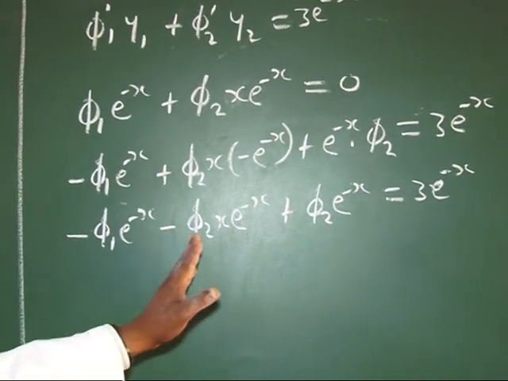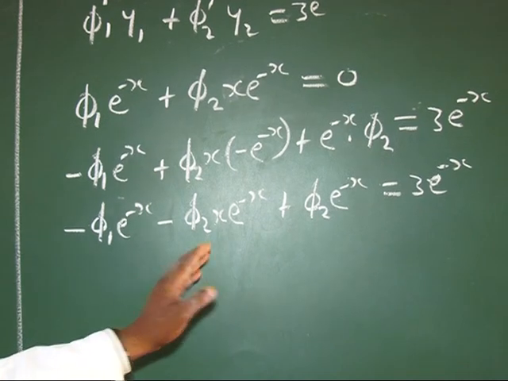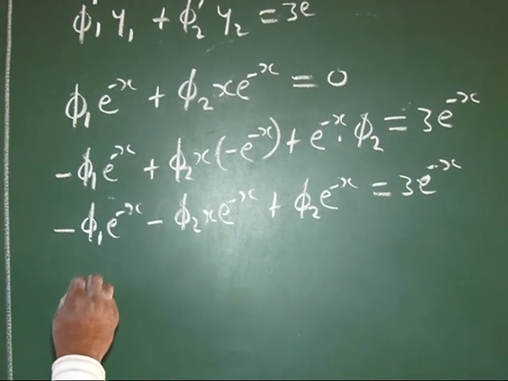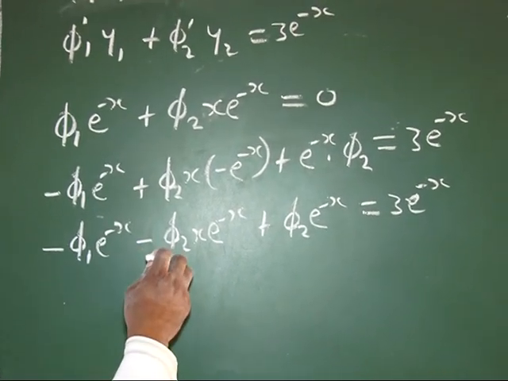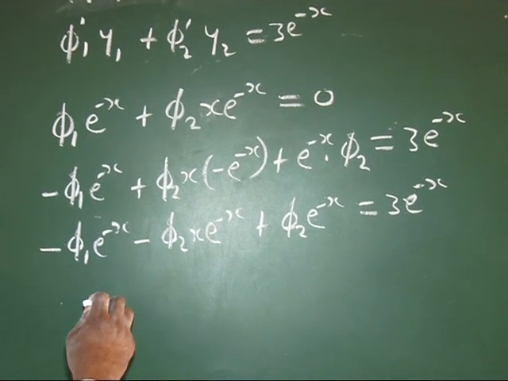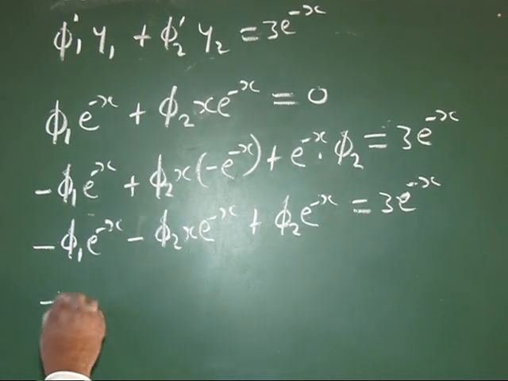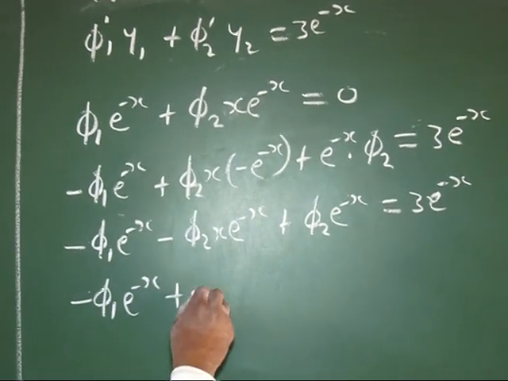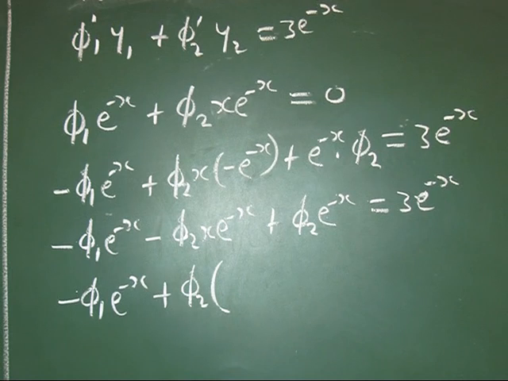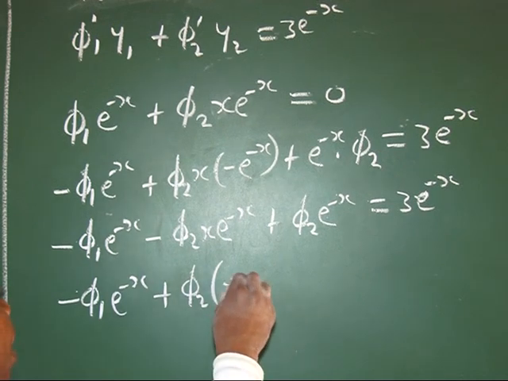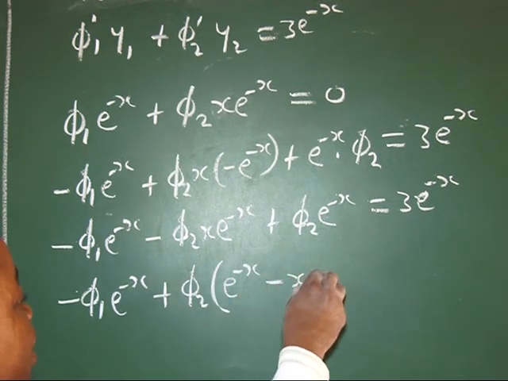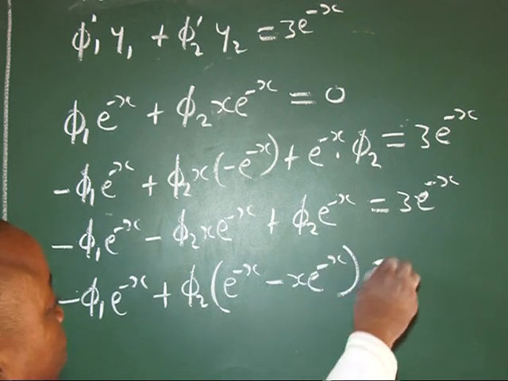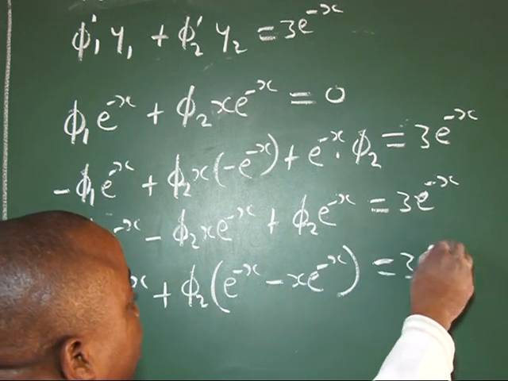But this place, we can factor out something to write this particular equation. We can write it as minus phi 1 e^(-x) plus phi 2 e^(-x) is equal to 3 e^(-x).